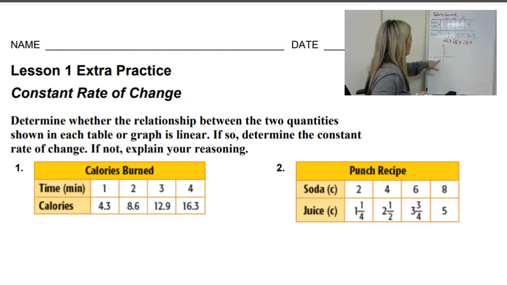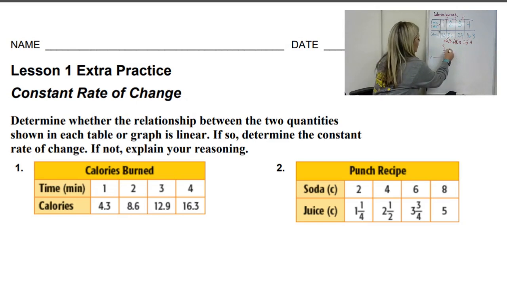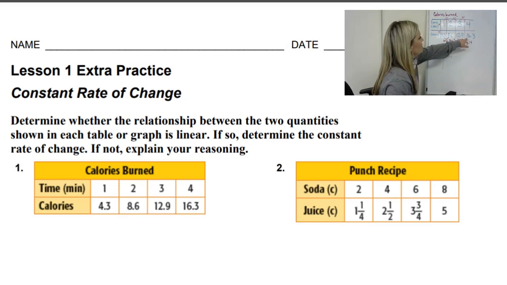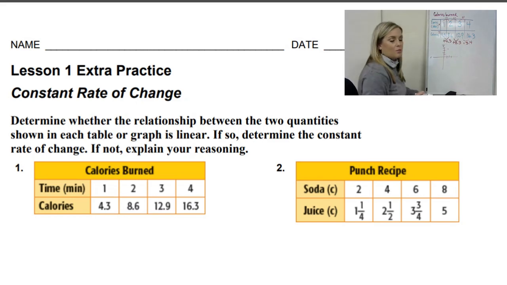So you go to 1 and then you go up to 4.3, and then it will all be linear until you get to 4 and you go to 16.3, then the line is going to be kind of jagged. All right, so just so you know, yeah, the top part's constant. The bottom part is not constant.